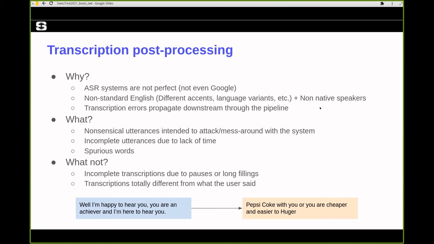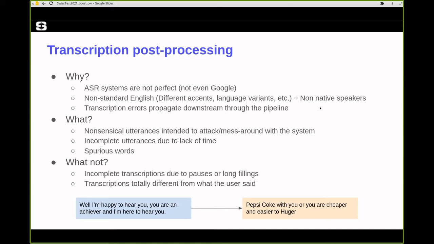Clearly this is related to the fact that we are dealing with non-standard English, I mean different accents, different language variants, plus non-native speakers, like me. If you put all this together, it becomes a challenging scenario. Also, it is important to do this because this is the first step in the pipeline, so these transcription errors are propagated downstream through the pipeline.